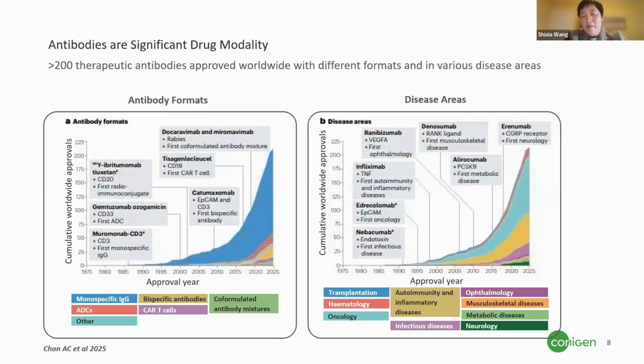The first antibody was targeting transplantation. Since then, the antibody therapeutic areas have expanded to almost all kinds of diseases, from cancers and infectious diseases to many chronic diseases, including cardiovascular diseases and also autoimmune diseases.